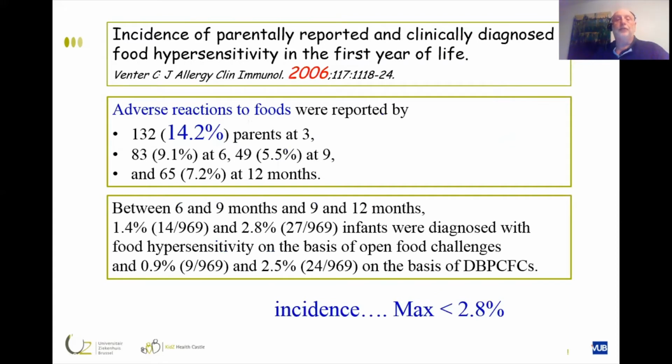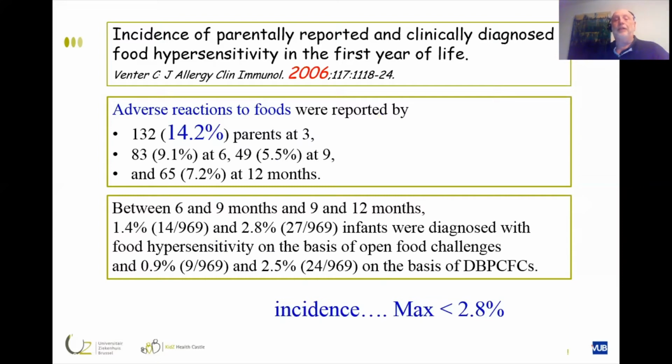Adverse reactions to food were reported in 14% in this study from 2006, about incidence of parentally reported and clinically diagnosed food hypersensitivity in the first year of life.